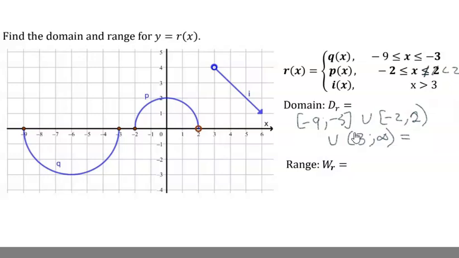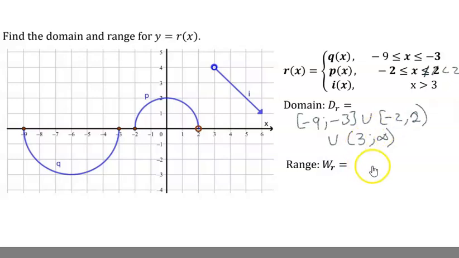In this case, because of all the gaps in between, because of that gap there from -3 to -2 and from 2 to 3, we cannot write it differently. There are other ways, but this is perhaps the easiest to represent it.